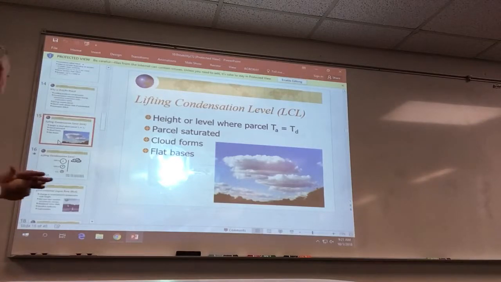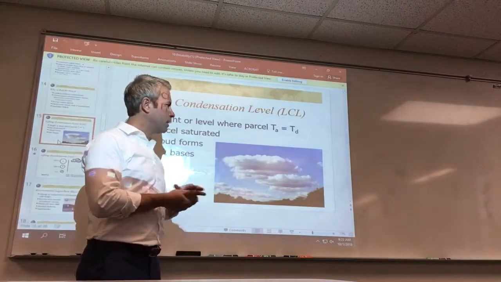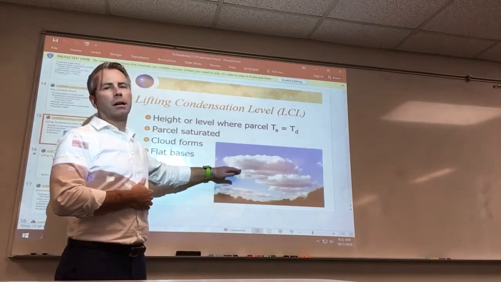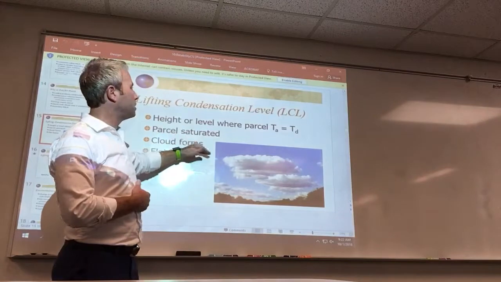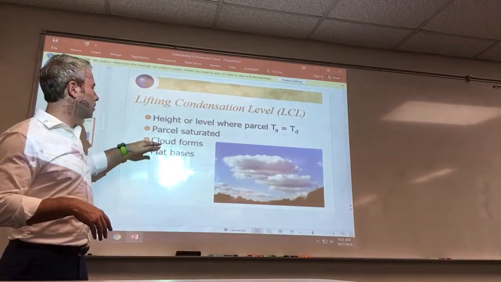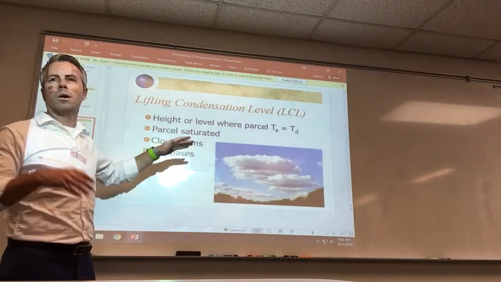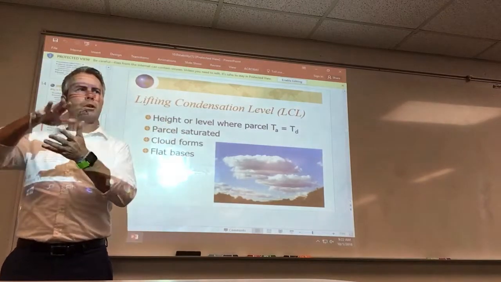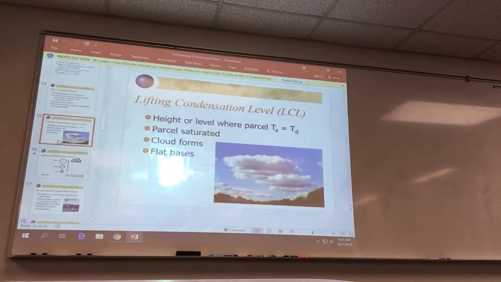And they all have this particular area called an LCL. This is a lifting condensation level. So this, if you want to think of it, is basically where the cloud forms. At what height in the sky do you start to see clouds forming? Today I think that may be a little difficult because we're fairly overcast.